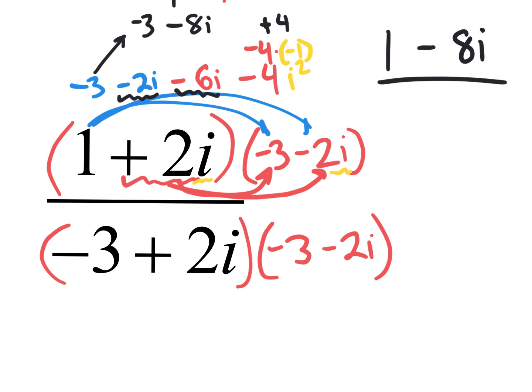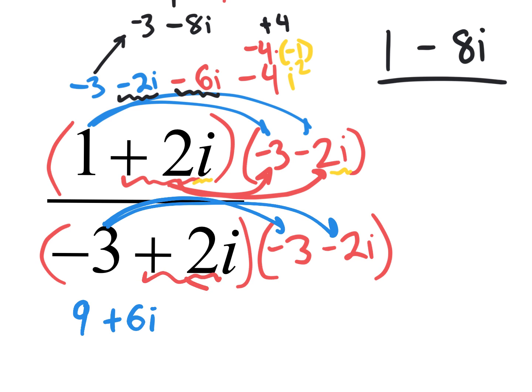Now let's work on the denominator. Let's again distribute. Negative 3 times negative 3, that's positive 9. Negative 3 times negative 2i is positive 6i. Positive 2i times negative 3, that's a negative 6i. Positive 2i times negative 2i, that's a negative 4. i times i is i squared.